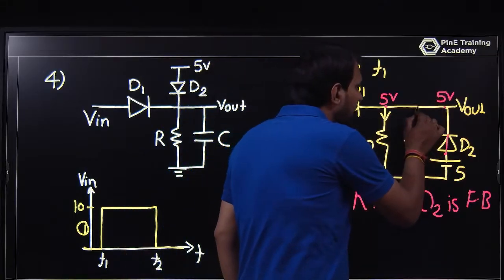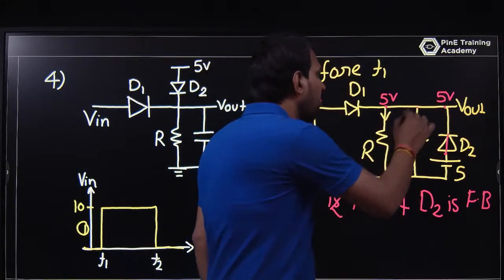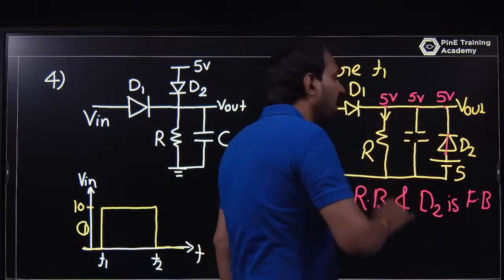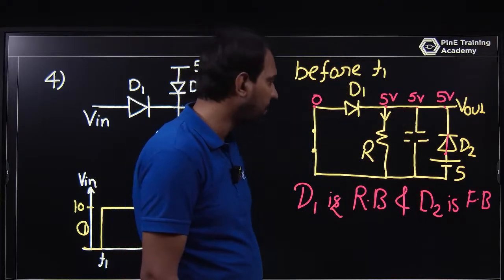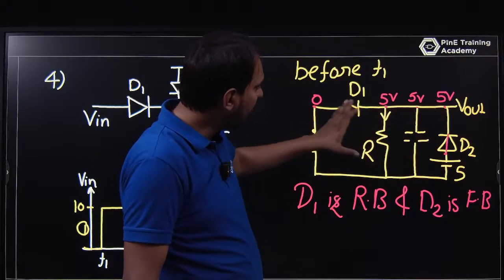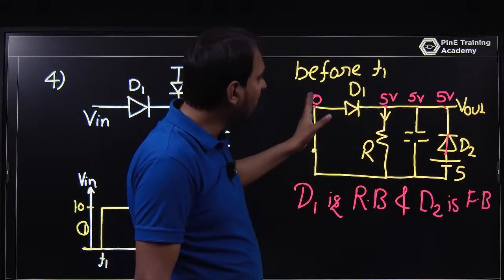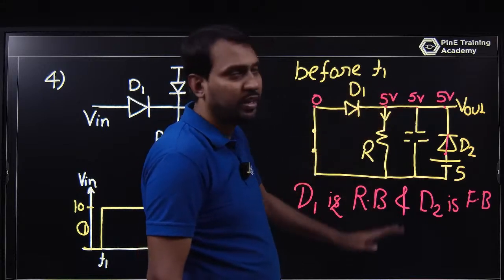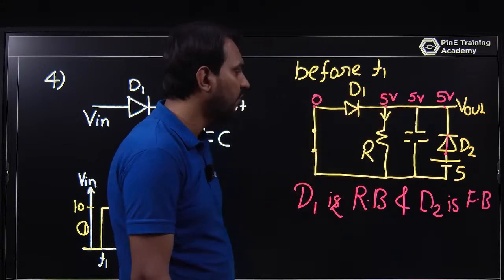All of this is the same node, so this is also 5 volt, because in parallel the voltage is the same. So this is 5 volt, this is 5 volt, this is 5 volt. If this is 5 volt and this is ground, then this is 0 and this is 5 volt. So D1 is reverse biased and D2 is forward biased.